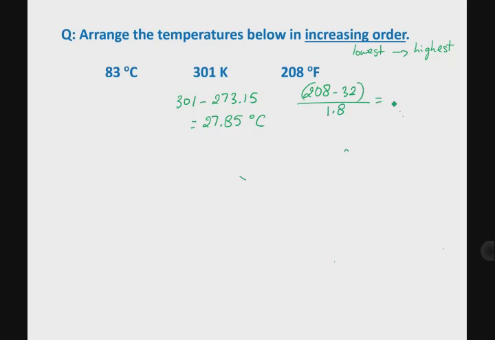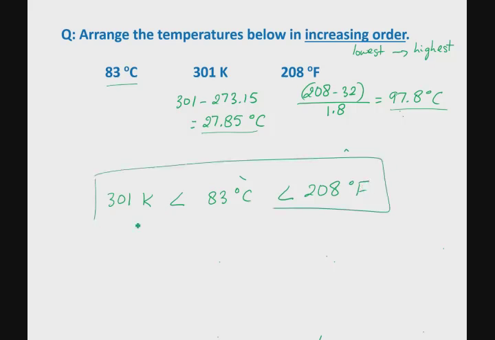That gives me 97.8 degrees Celsius. So now when you compare the 3 degrees Celsius temperatures, you can arrange them in the increasing order. The lowest temperature is 301 Kelvin, followed by 83 degrees Celsius, and the highest temperature is 208 degrees Fahrenheit. So that would be your increasing order of these temperatures.